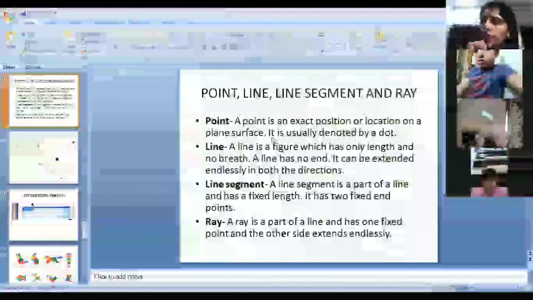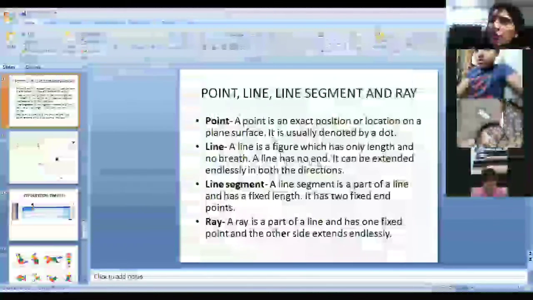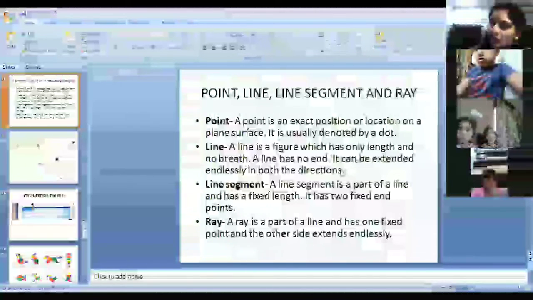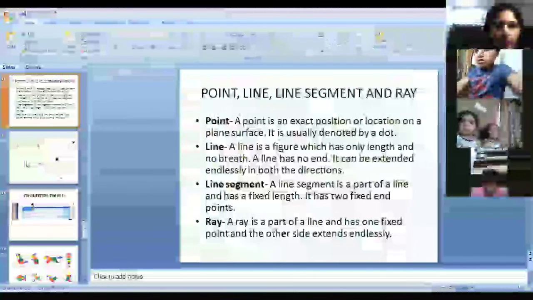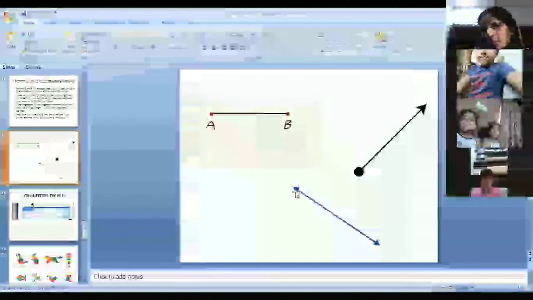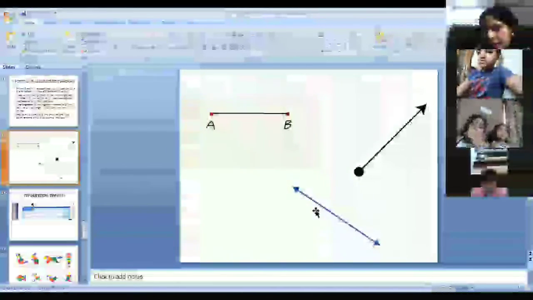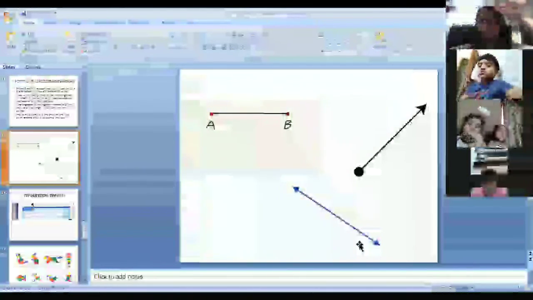Now, what is a line? A line is a figure which has only length and no breadth. Please have a look here. See here, children. This is a line. This blue one, can you see? It has got a length.